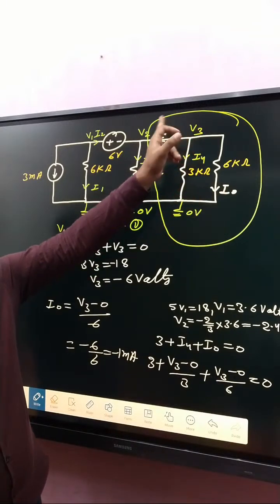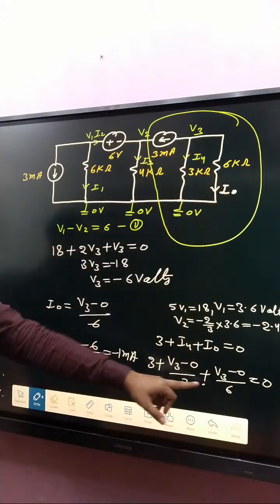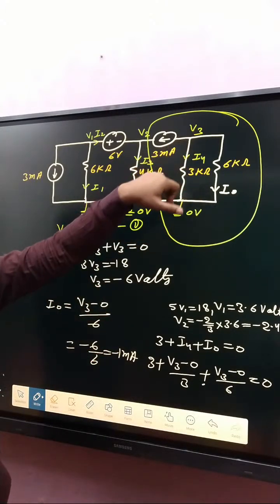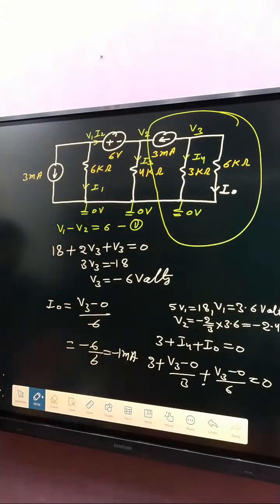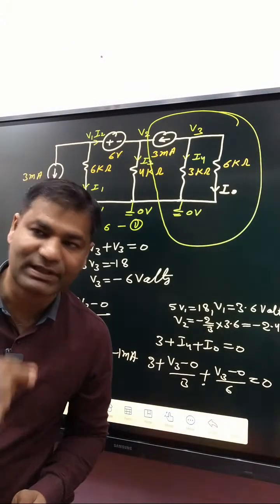So you apply KCL at that node. After solving, we got V3, and I0 is basically V3 minus 0 divided by 6. So I0 is minus 1 milliampere, the right answer. If anyone faced doubt, then tell me, I will explain again.